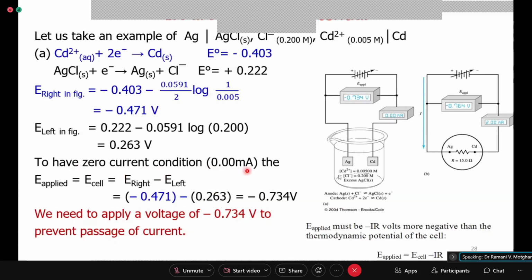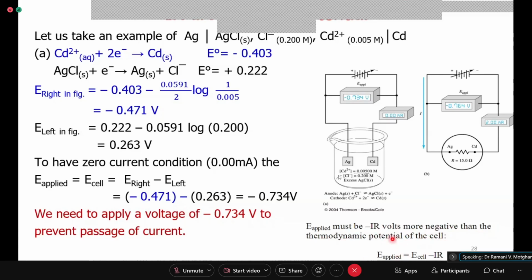Now, if you apply more than this, then the electrode reactions will be reversed. Or if you apply less than this, like minus 0.6, then this will undergo slow oxidation. So E applied must be IR volt more negative than the thermodynamic potential of the cell.